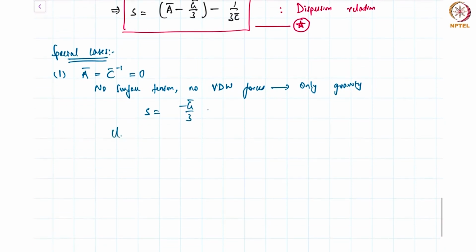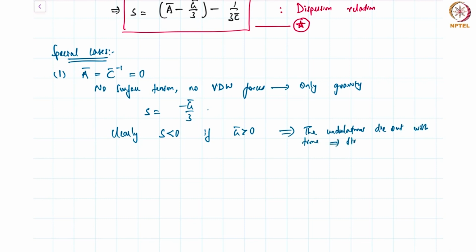So clearly S is less than 0 if G bar is greater than 0, which means that if the gravity term is positive, then S is always less than 0. It means that the undulations die out with time and this is a stable flow.